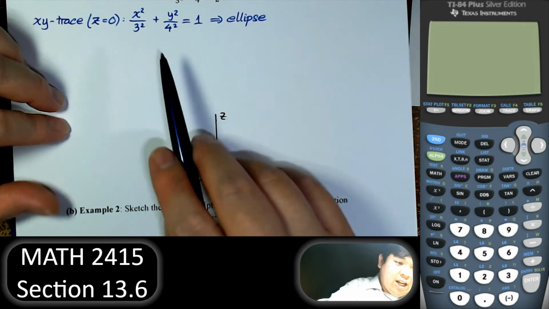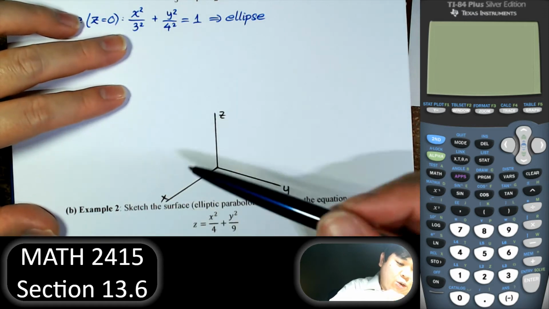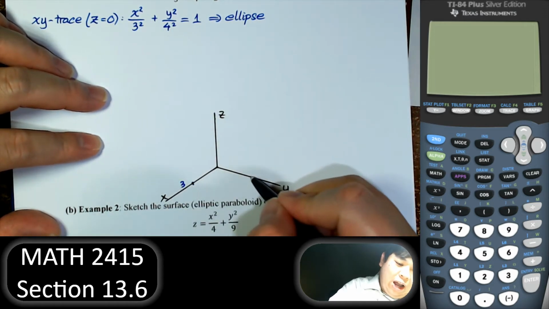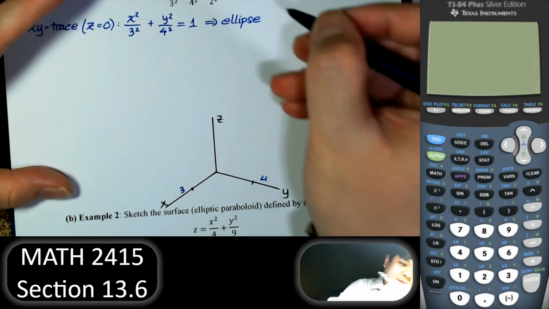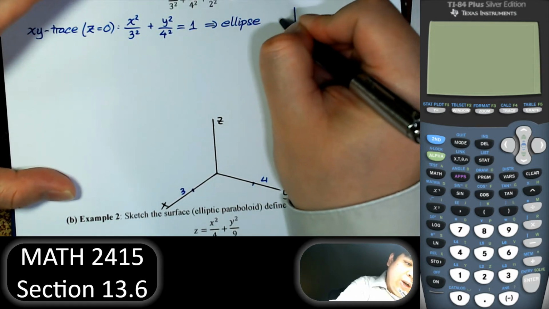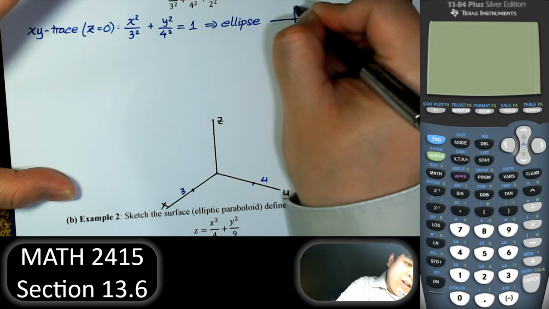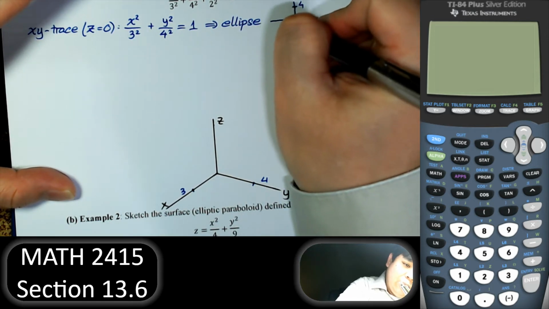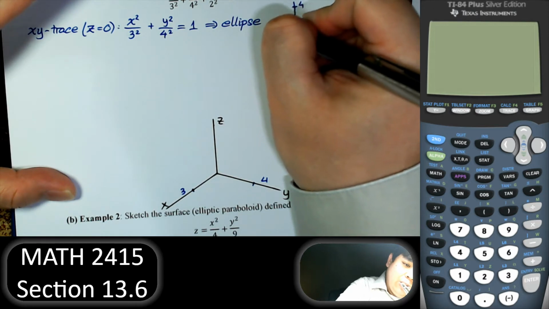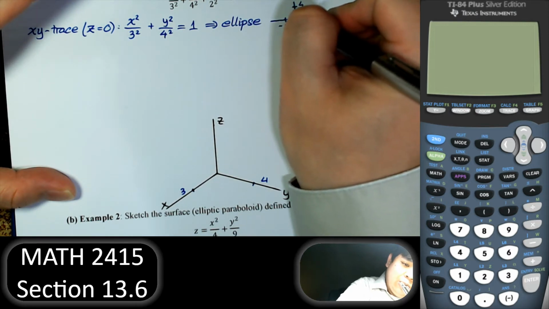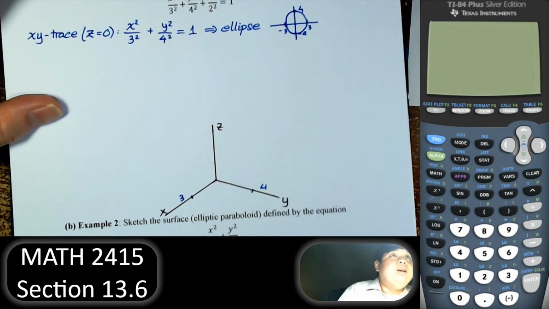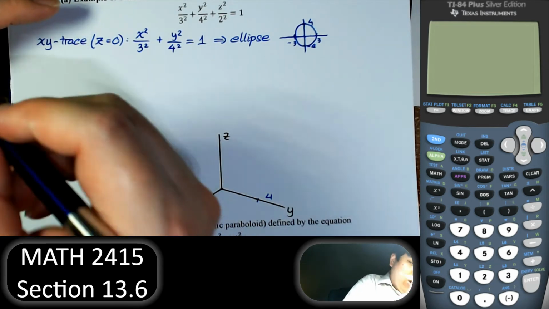And then we see that on the x-axis it's going to be 3. On the y-axis it's going to be 4. We can draw this. So that is the xy trace.